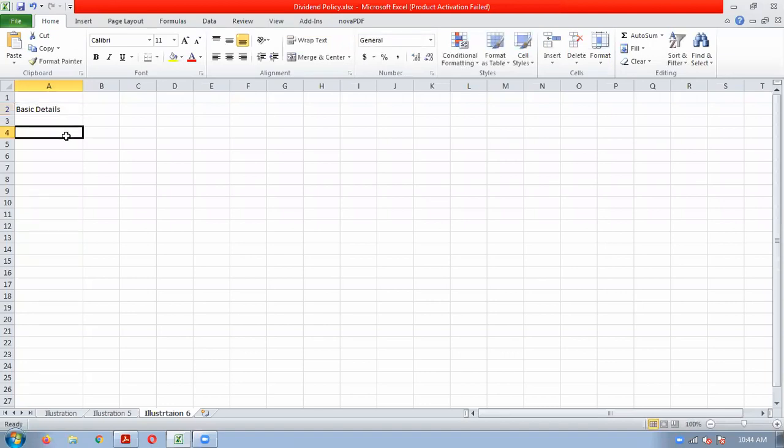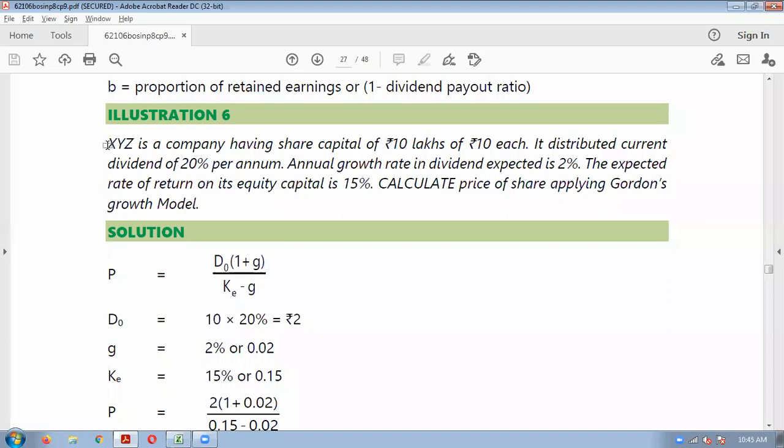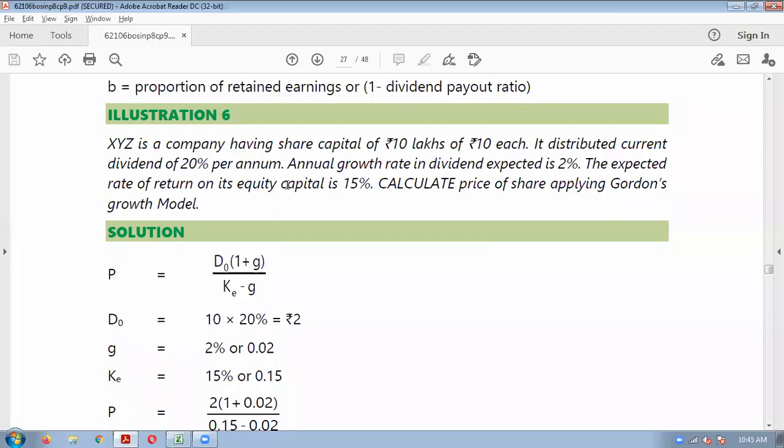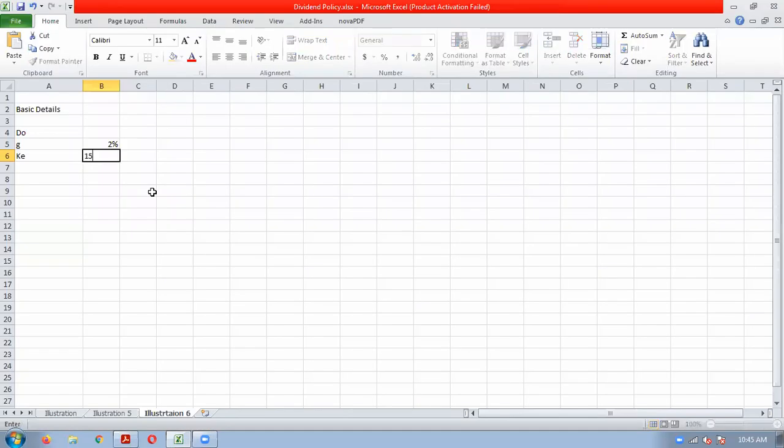First we will require the D0, then we will require growth, then we will require KE. So G is given. G is how much? 2 percentage. K is how much? 15 percentage.